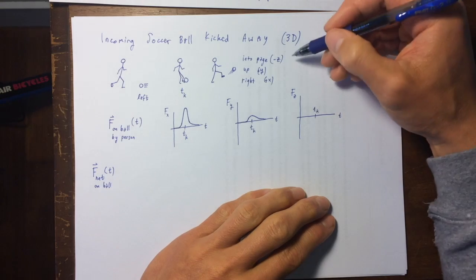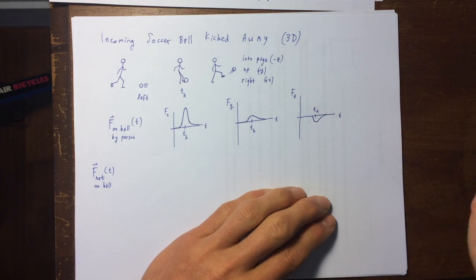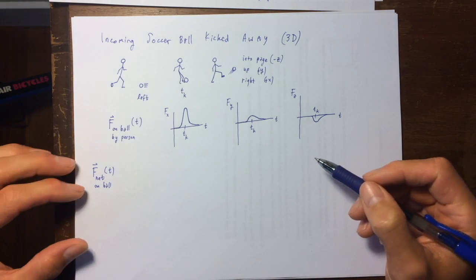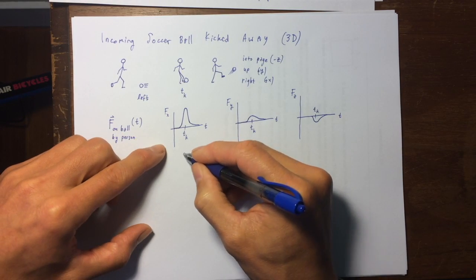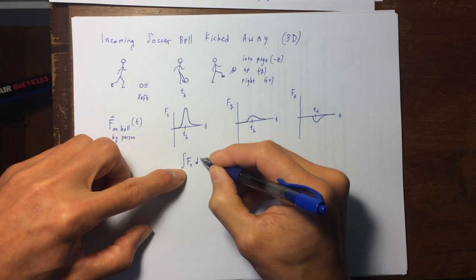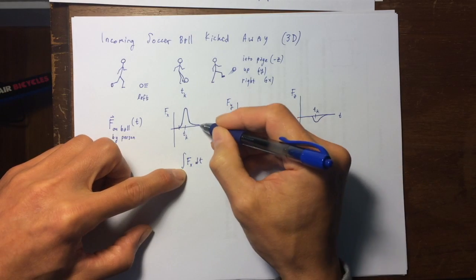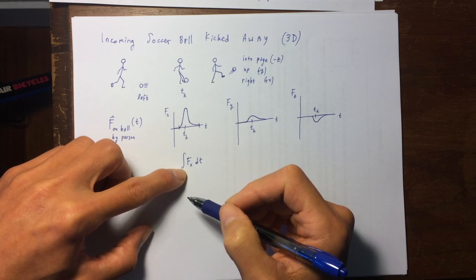And then this one, though, I go into the page, so this one needs to be like that instead, or something. So it's negative. Okay, so you can see that I could imagine integrating this f sub x in time from the moment it turns on to the moment it turns off. And it's centered around t sub k.